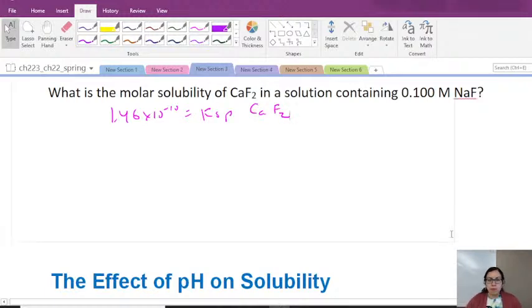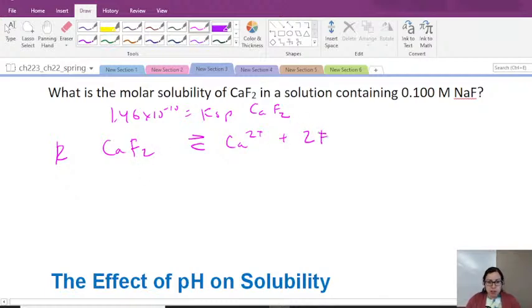Just like before, we can set up our RICE table. Our dissociation of calcium fluoride, and of course we have our subscript of 2, so we know we make 2 equivalents of fluoride.